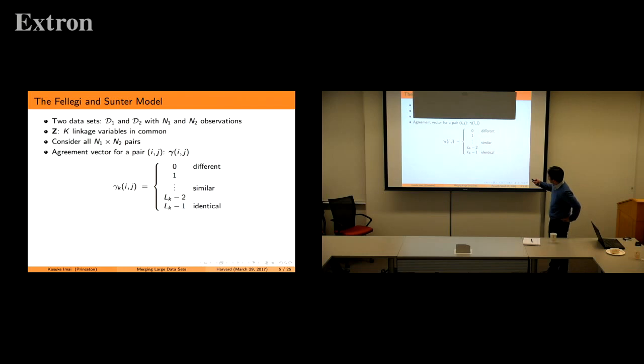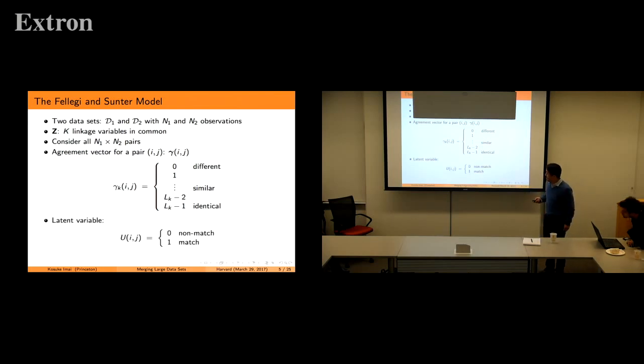So you can code from 0, completely different, to L_k minus 1, which is identical. So if it's 3 categories, 0, 1, 2, 0 is different, 2 is identical, and 1 is somewhere in between. Okay, so you can categorize the similarities at whatever granularity you like. You're going to do this for each field, each variable that you're going to use to do the match.